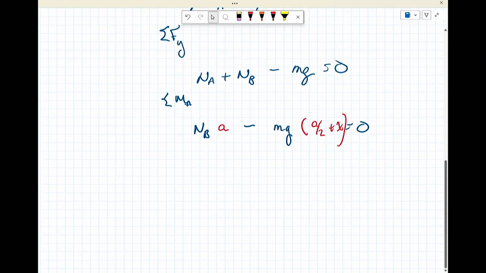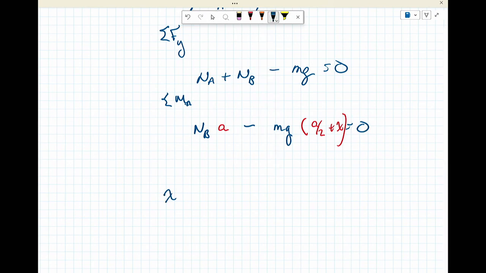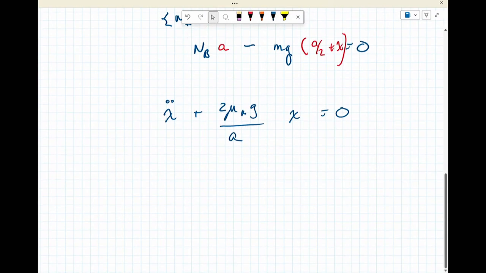I can write everything and combine them together, as I've done before, and I'll get x double dot plus 2 mu k g over A times x is equal to 0. And again, one of the things that comes out of all of these equations is, when we started this, we always talked about them in terms of k over m, square root of k over m, and that's omega n squared.